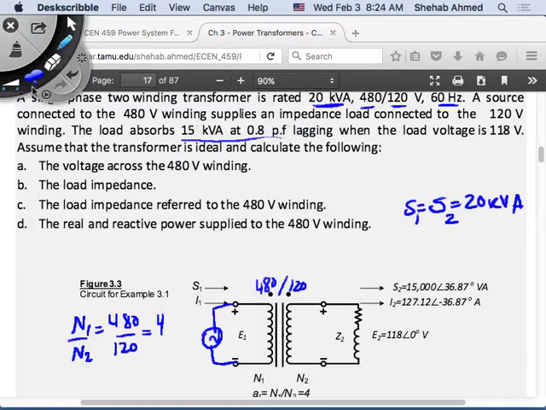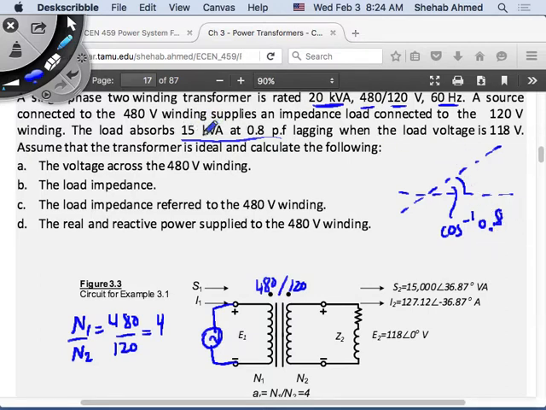So I can draw the power triangle at the load if I want, right? So the load is 15 kVA, so I know it's a lagging power factor, so if I want to draw the power triangle, I will draw the power factor angle here equal to what? Inverse cosine 0.8, right? That's the power factor angle of the load.